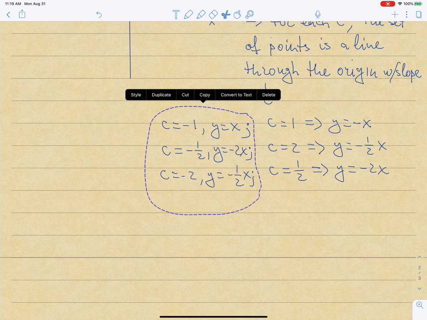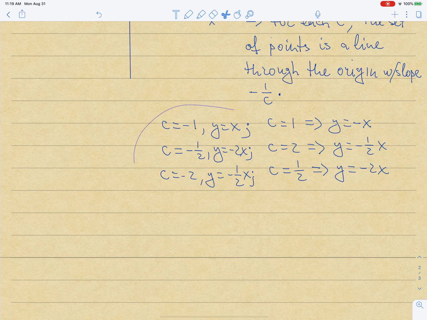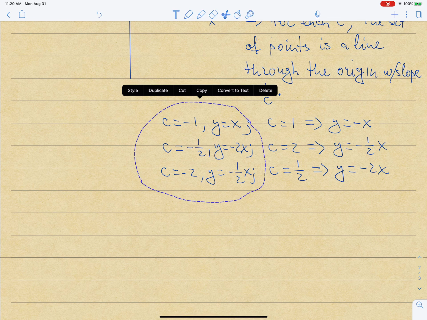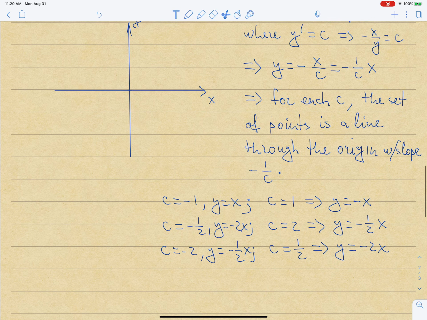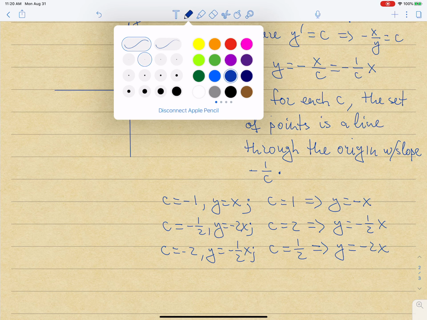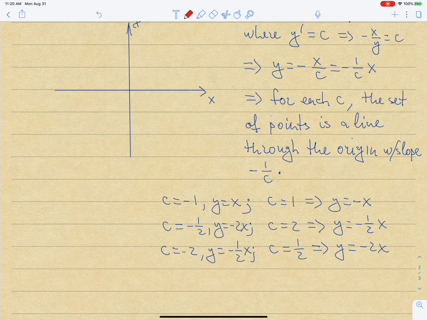Okay, so what this means is that what we will need to draw is a bunch of lines, and then on each of the lines, we will have a constant slope of solution curves. So let's draw those lines.